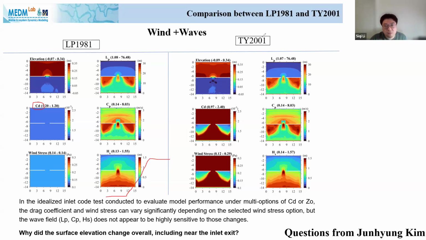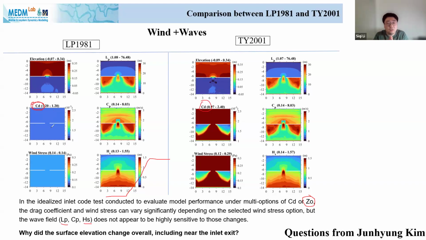But the second method, TY 2001, considers the surface roughness, Z0. In this case, the CD is dependent on the significant wave height and the LP. LP is the peak wavelength. Yes, peak wavelength, thank you, Dr. Chen. So you can find that there is a large difference between these two cases.